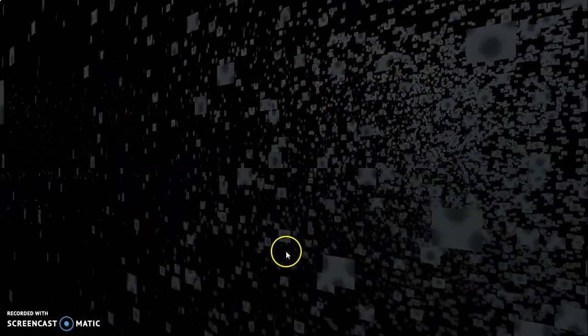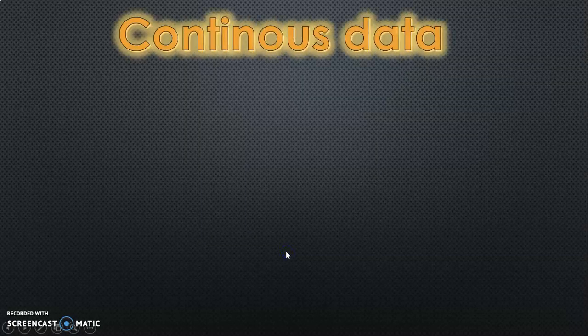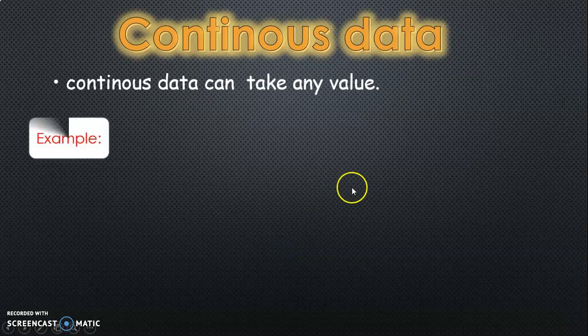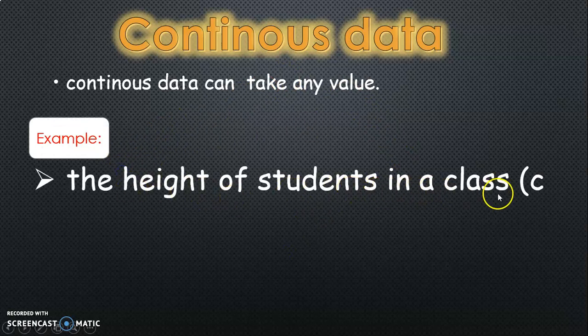The next one is what we call continuous data. A continuous data can take any value. An example is the height of students in a class using centimeters. Using centimeters to get the height of students, there is no specific value for each one. So we can take any value. What do we mean by that?